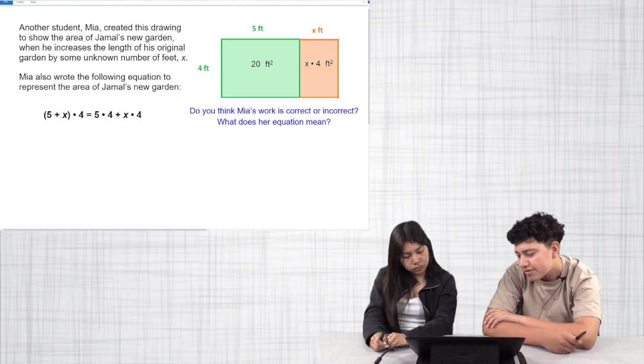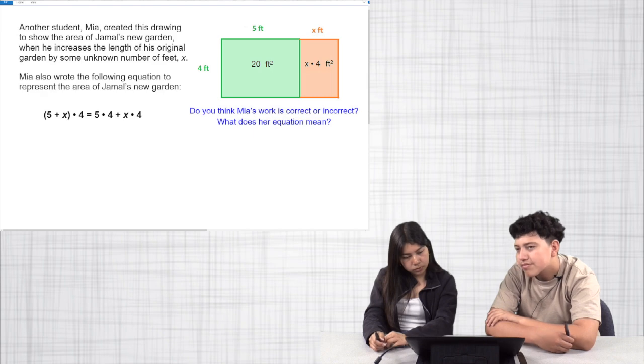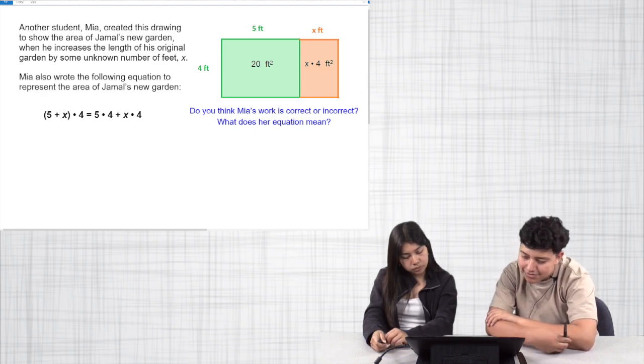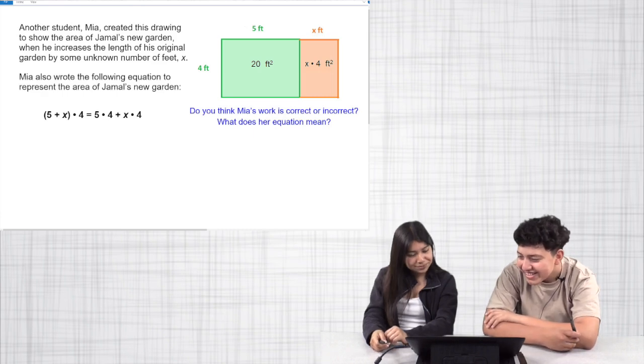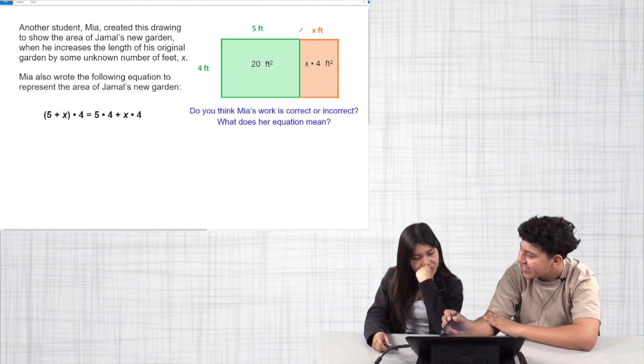What is similar and what's different between her drawing and her equation and your drawings and equations? And if you want me to bring them back up to look at, I will. 5 plus x times 4 plus 5 times 4 plus x times 4. So the 5x are here, right?